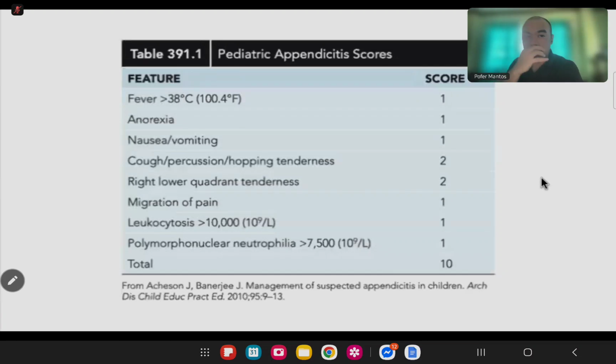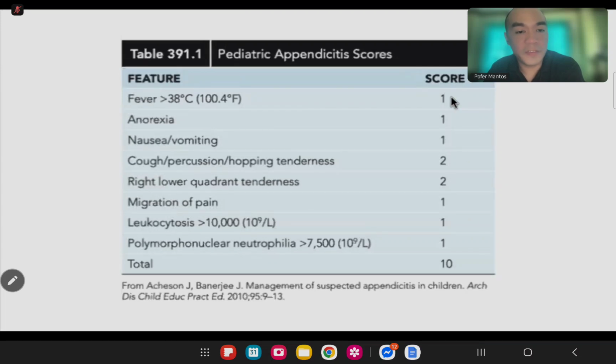So we have this pediatric appendicitis scoring, no? So we can use this, no, for scoring. So ang score ani niya if it's 8 and above, so you should be highly suspicious. That's already sensitive and specific for appendicitis. But if 4 or lower, so there's a low likelihood of appendicitis.